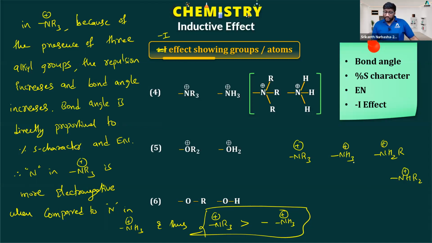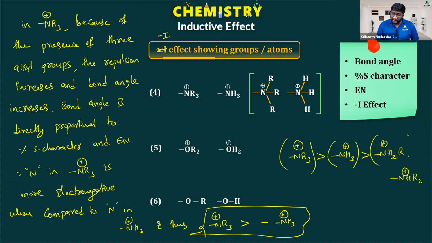Only when the 3 alkyl groups are present is the bond angle going to be increased, and only then does the electronegativity concept have to be applied. If you have only 1 alkyl group or 2 alkyl groups connected to nitrogen, then the electron donation from the alkyl group will be the dominating factor. If electron donation from the alkyl group is the dominating factor, that will decrease the positive charge. So in that case, this is going to be the order.